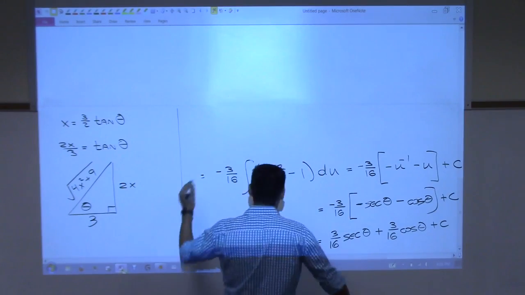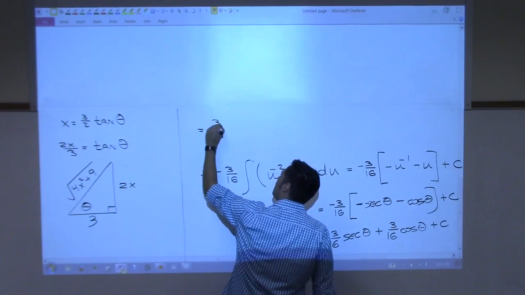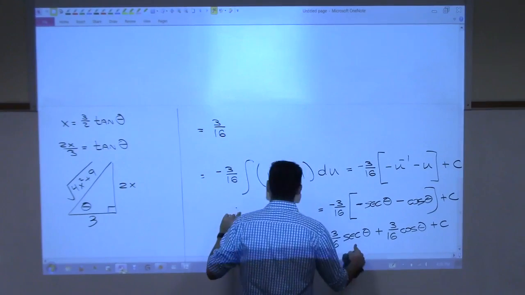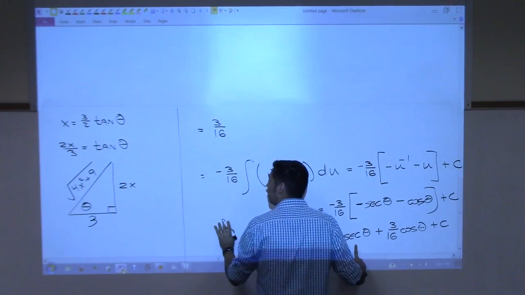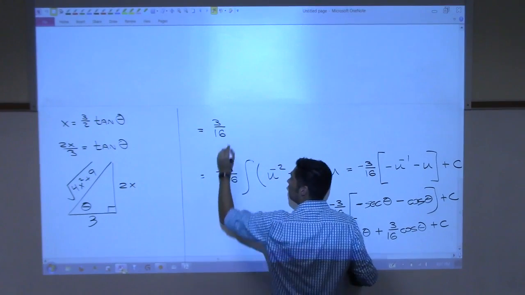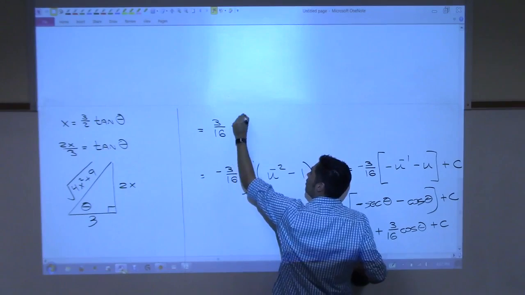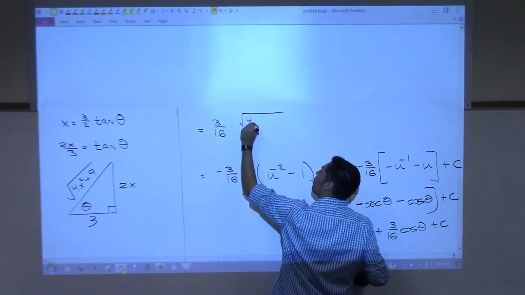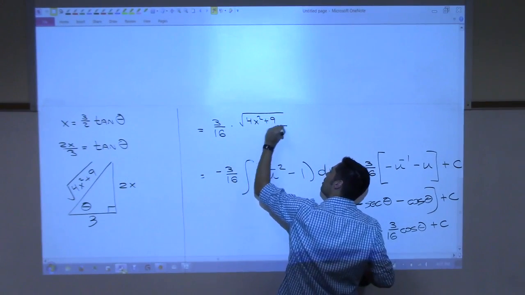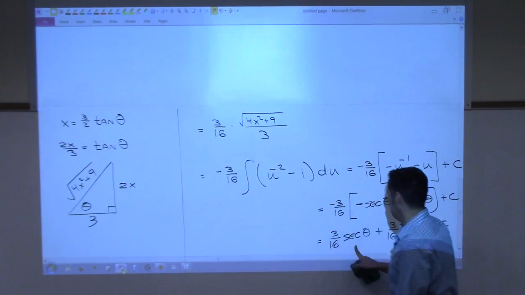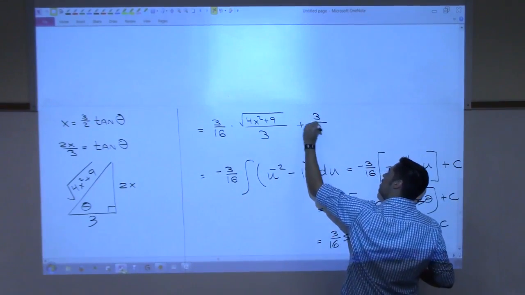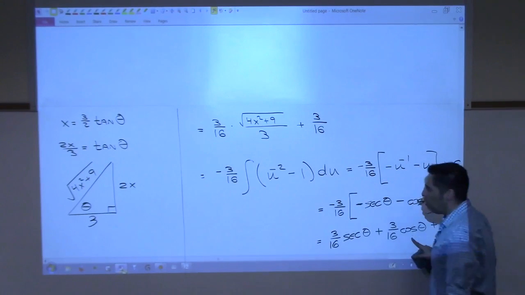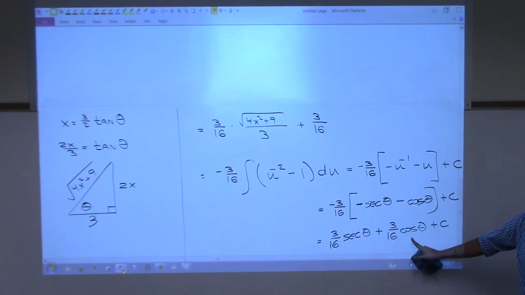We're there, right? This is about to be the final answer. 3/16 secant theta, which is the reciprocal of cosine, so we should have the hypotenuse over the adjacent, plus 3/16 and then cosine theta, which is flipped.